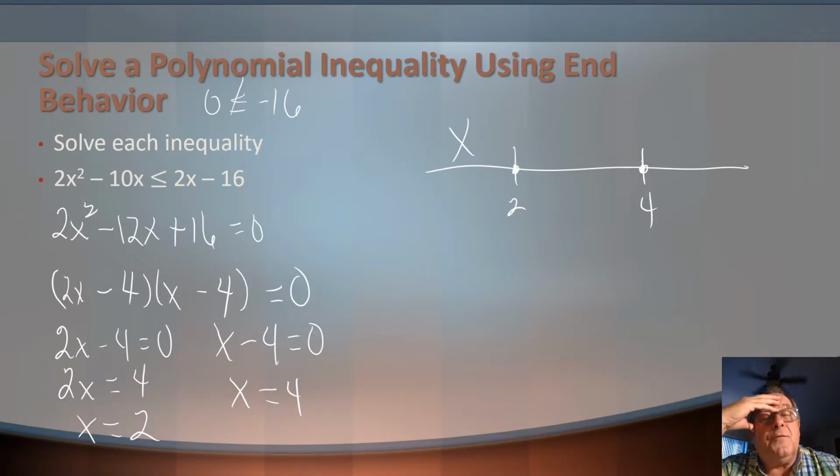If I put in 3 for x, 3 squared is 9, 2 times 9 is 18, but then negative 10 times 3 is negative 30. So 18 minus 30 is negative 12. Then 2 times 3 is 6, and 6 minus 16 is negative 10.